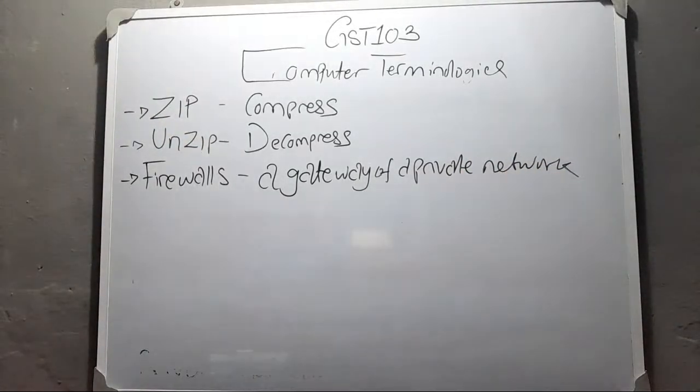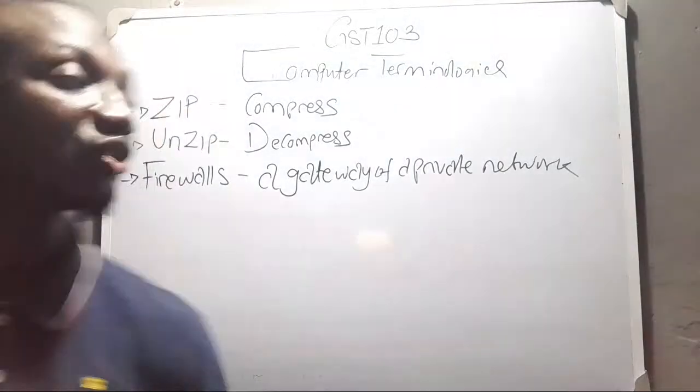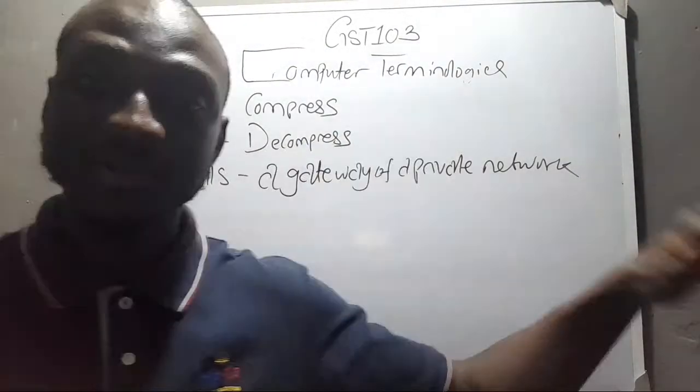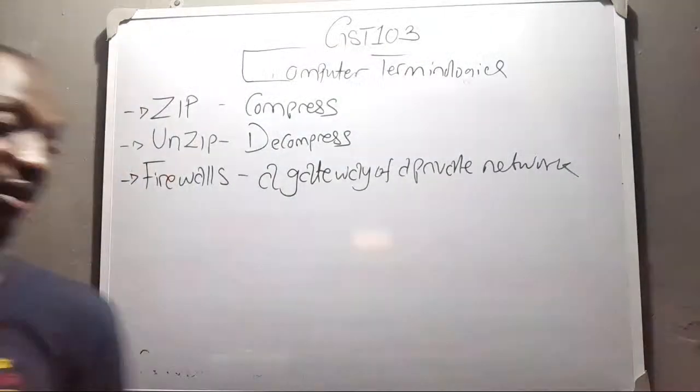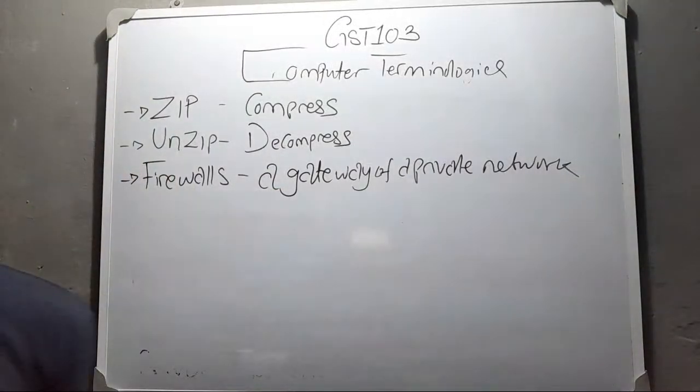They are like your watchman to your personal network. Anything that wants to interfere, your firewall is the first contact. A gateway to a private network. So we have that as that.